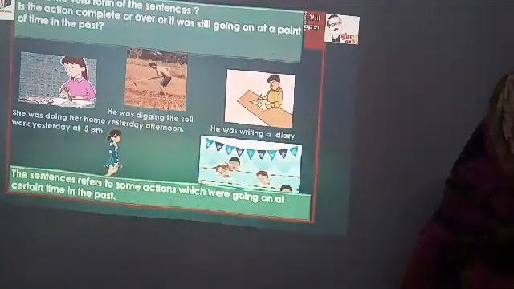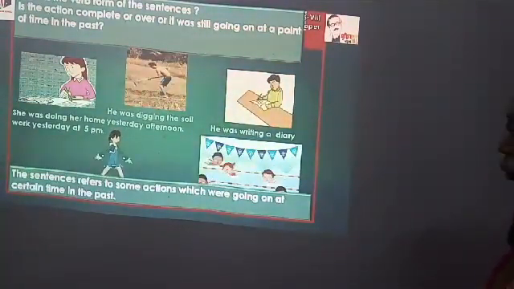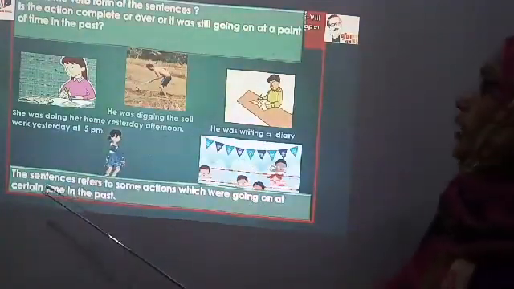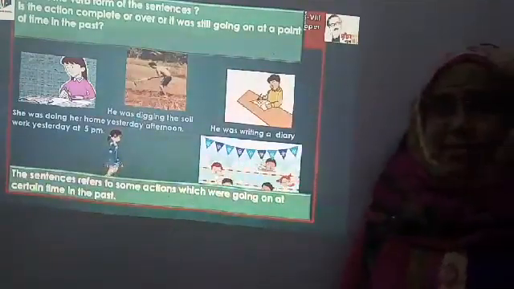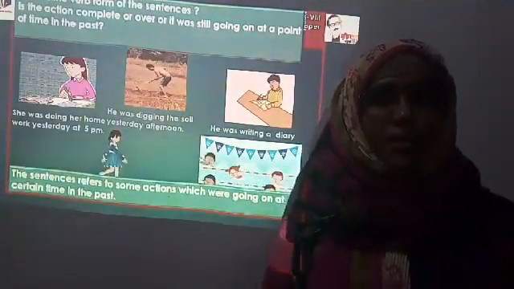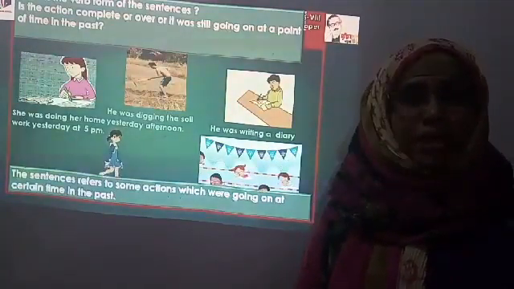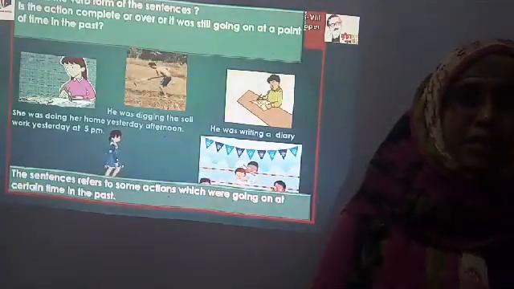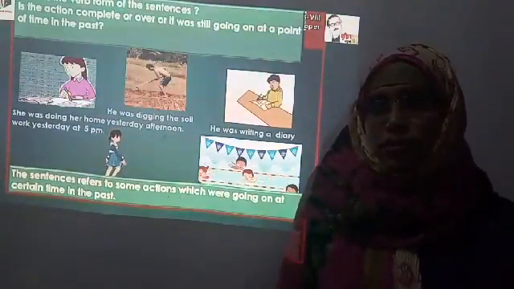And this sentence referred to some actions which were going on at a certain time. Remember it, and in the past. If it is past, the actions were going on, that will be past continuous. If it is present, action is going on, that will be present continuous.